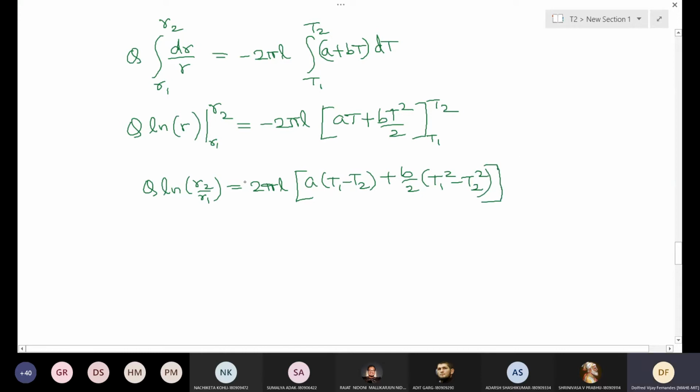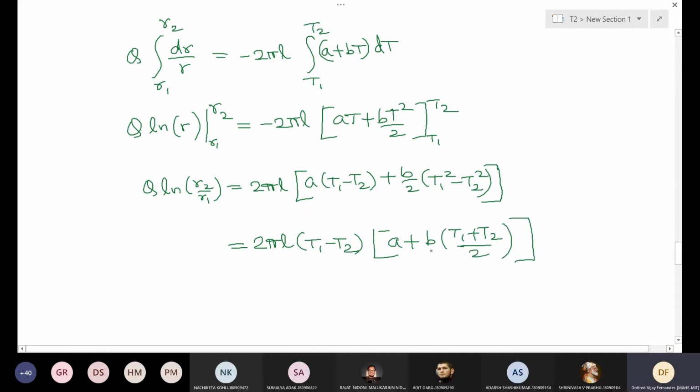What you see within this square bracket is almost same as before. We have T1 squared minus T2 squared, which we can write as T1 plus T2 into T1 minus T2. That factor T1 minus T2 is here also, so we can take it out. And this can be written as 2 pi L T1 minus T2, and in the bracket, we have A plus B into T1 plus T2 by 2.